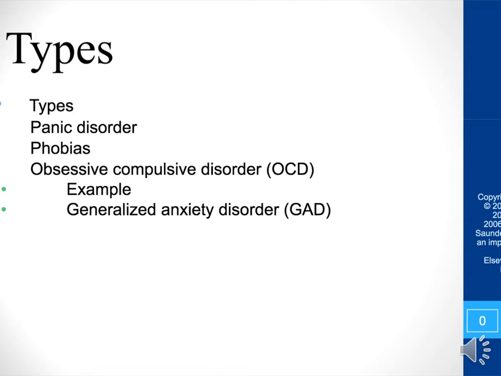GAD, not like EGAD, but generalized anxiety disorder, is another type of disorder, and this is where people just have that anticipation of doom and gloom. They fear that something is going to happen, and it can impact someone being able to get out in public. They anticipate some kind of disaster, and so they have poor concentration.